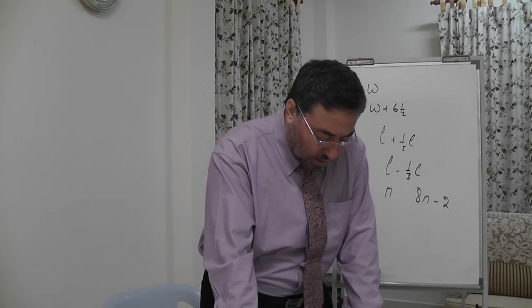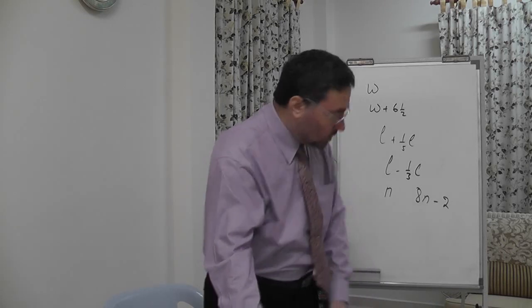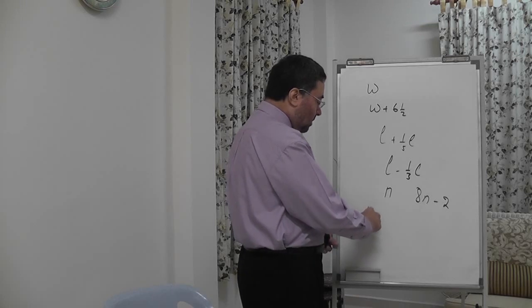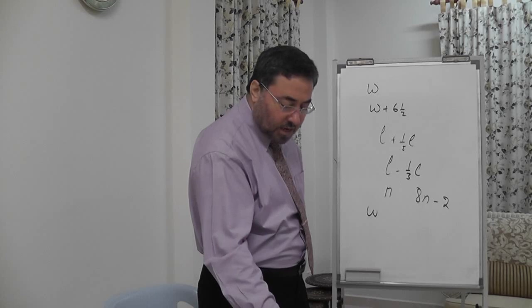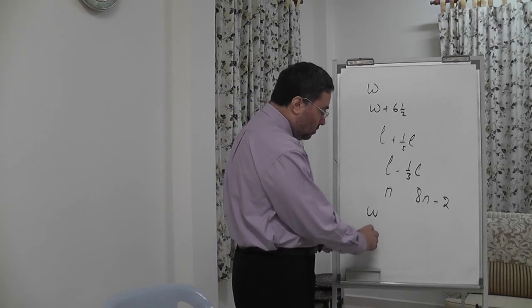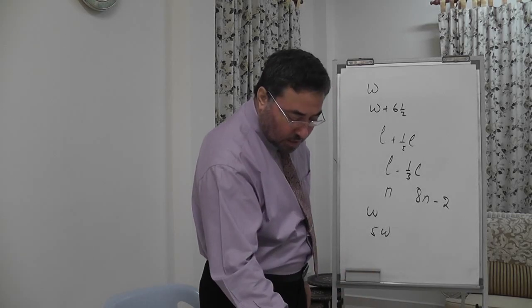Number 12, the length of a rectangle is 2 centimeters less than 5 times its width. Again, we say let W be the width of the rectangle, then the length of the rectangle will be 5W minus 2.